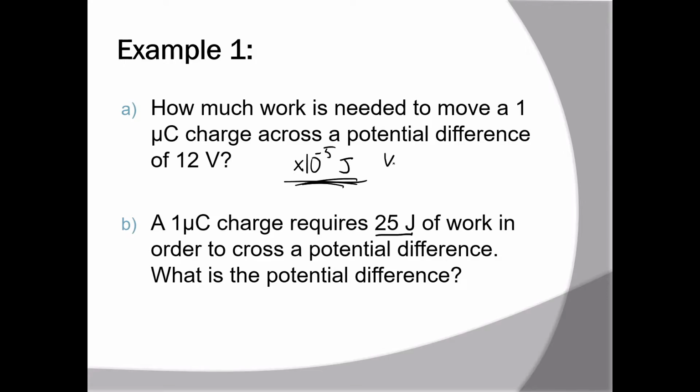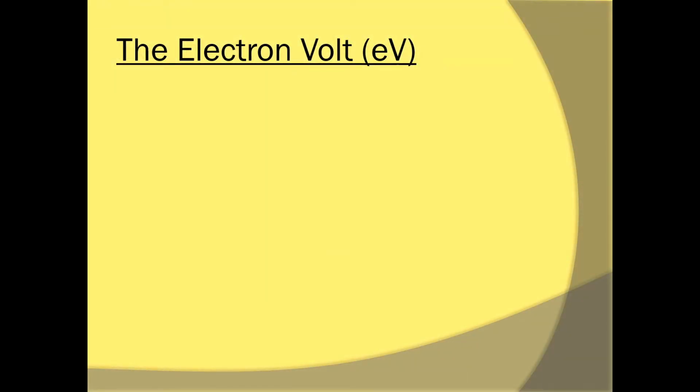And in some cases, because we deal with such small amounts of energy, it's actually not that useful to describe the energy in terms of joules. So instead, we're going to describe the energy in a different unit, called the electron volt. Because in electricity, we tend to deal with a lot of electrons, and so the electron volt is just another unit of energy that we're going to use to help us along.